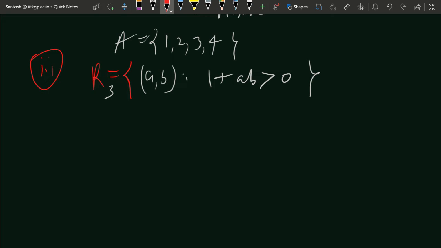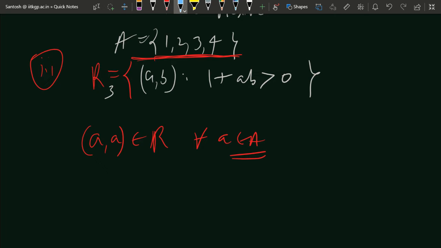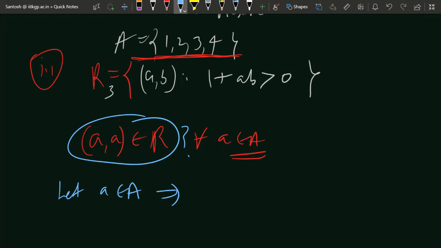Right. So what do we check for reflexivity theoretically? Since this is a smaller set, you checked for each element separately. But if this set has infinite elements, you will not check each element. Then you write in general, like I'm writing here. We need to check whether (a, a) belongs to R for all a belonging to A. So we assume that small a belongs to capital A, and now we need to check whether this is true or false.